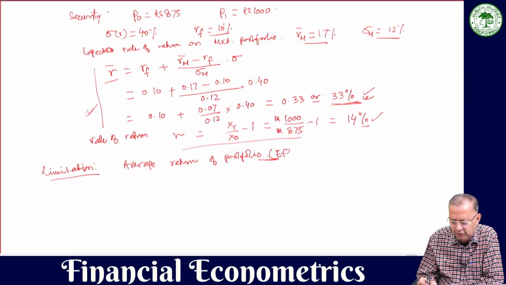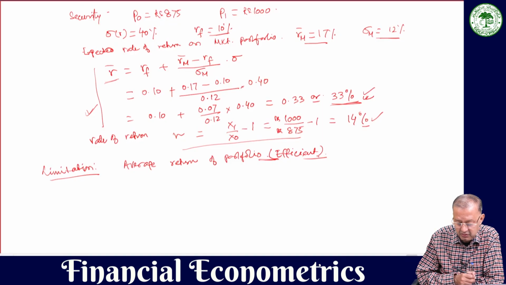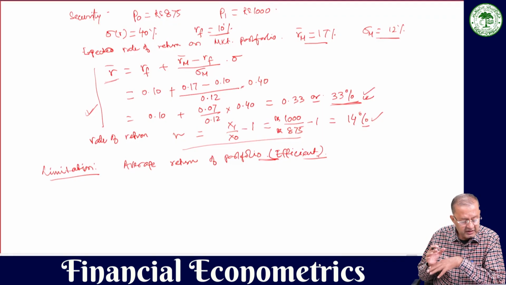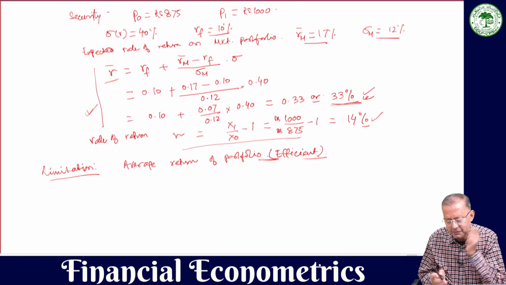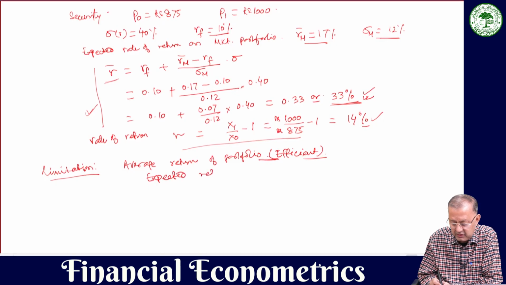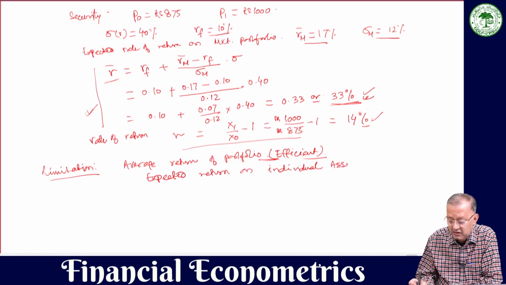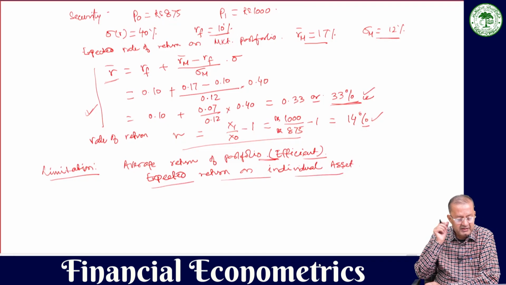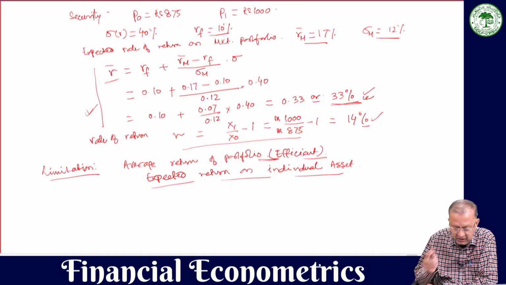The efficient portfolio. Average return of this efficient portfolio. But it does not show what will be the expected rate of return of an individual asset. It fails to explain this expected return on an individual asset. Okay?